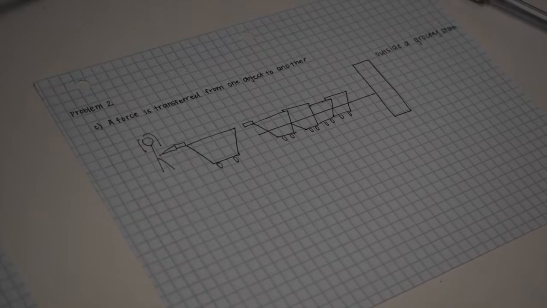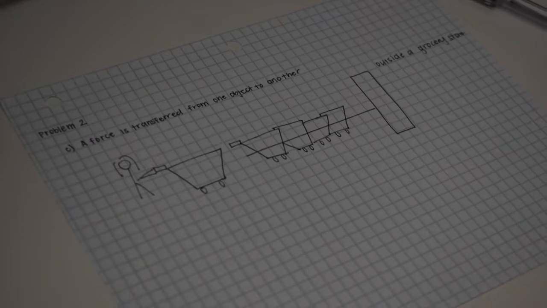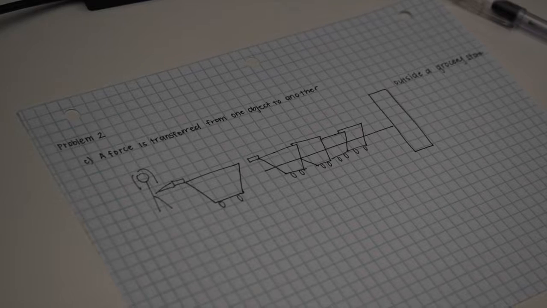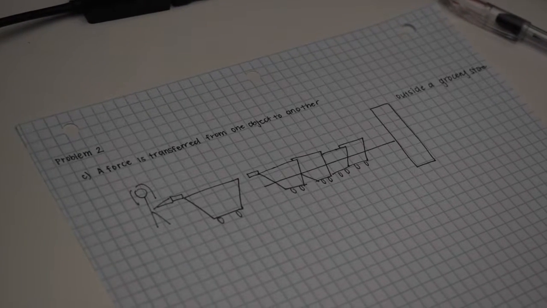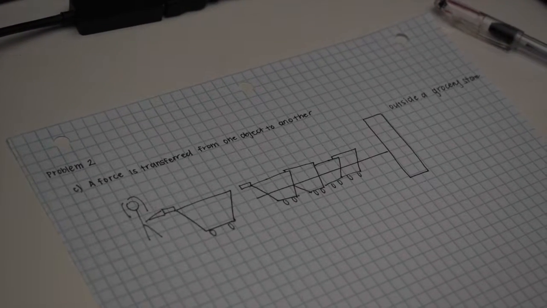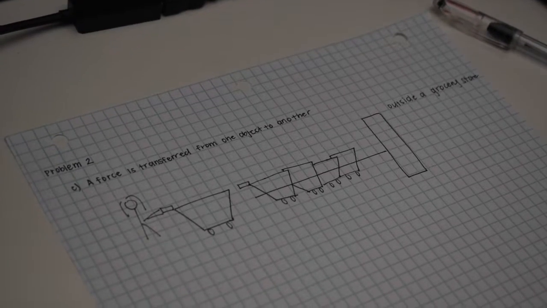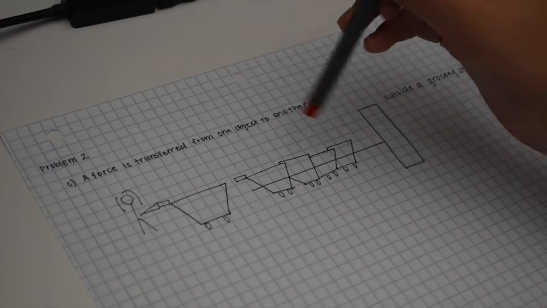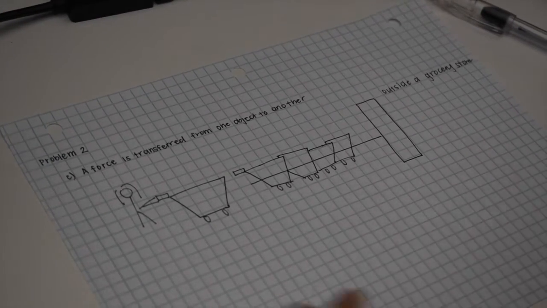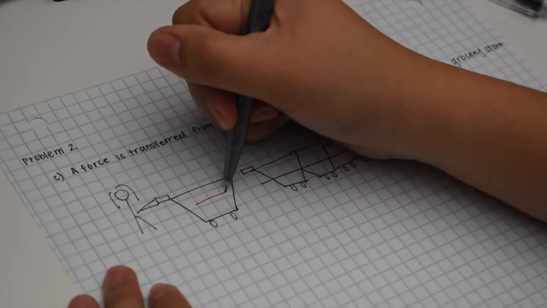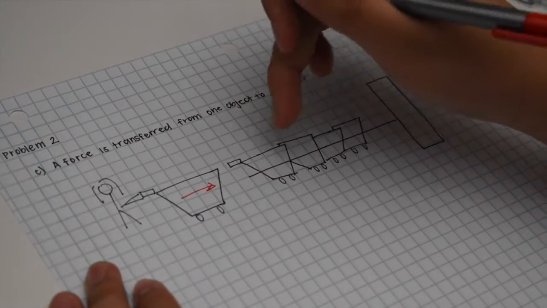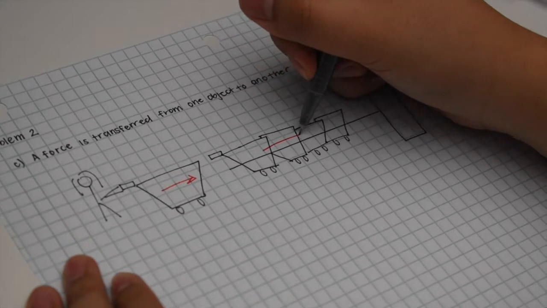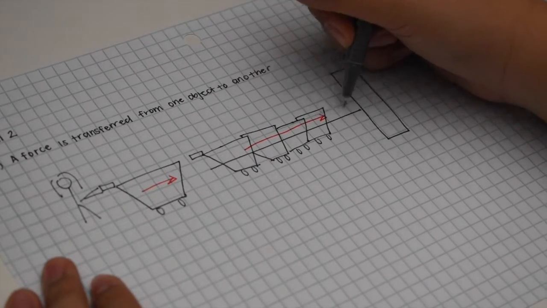For C, it states that a force is transferred from one object to another. This applied to my life when I was at a grocery store returning a grocery cart. Typically the cart return container is usually filled, so what I like to do is use a lot of force so that my cart is pushed into the end, causing all of these carts to move.